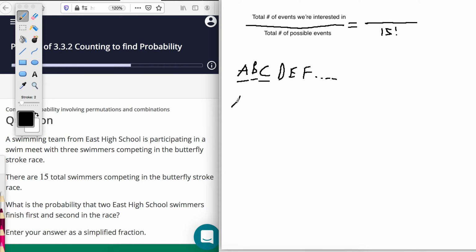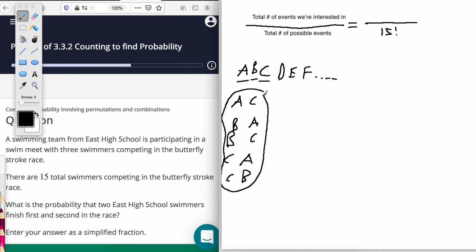We could have AB, we could have AC, we could have BA, we could have BC, we could have CA, or we could have CB, and I think that's all the different combinations. So there's 6 different ways that our 3 could come in the top 2 places.